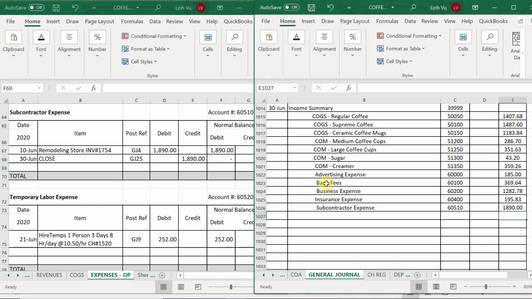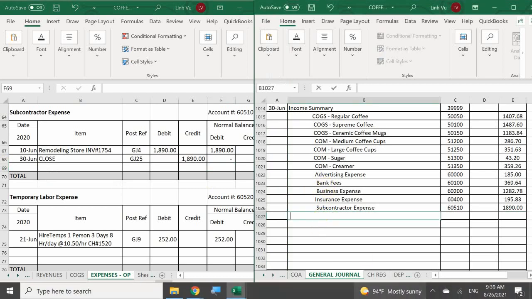So we have our temporary labor expense as well. For account number 60520. How much am I going to credit my temporary labor expense?